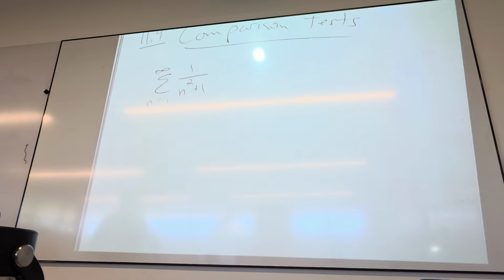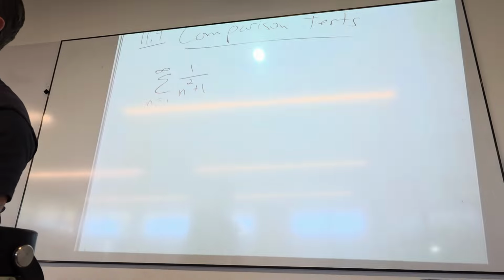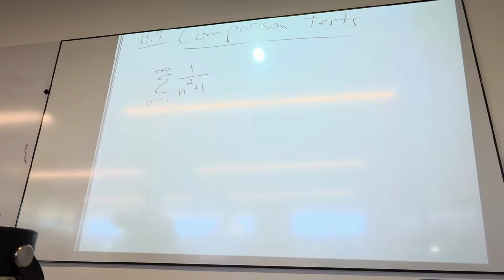Here's where students lose touch with reality. Because this is almost a p-series with p equals 2, do you think this converges or diverges? What does the related p-series, 1 over n squared, do? It converges, because p is greater than 1. P-series kicks so much ass.